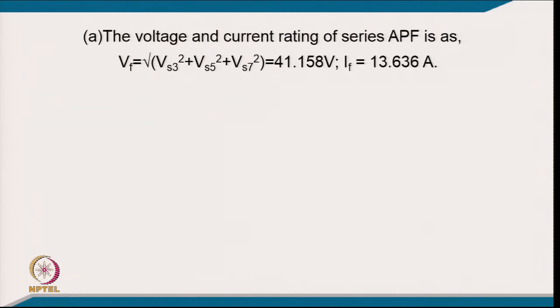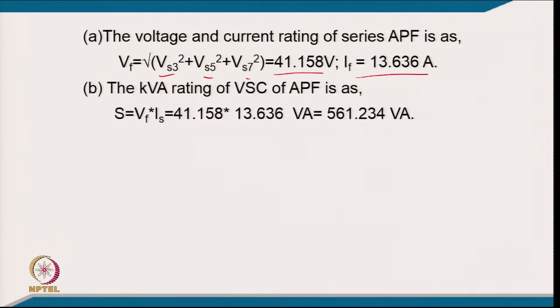So, the voltage rating of the series active filter is the RMS value of the third, fifth and 7th harmonics, and putting in the values, it comes to 41.158 volt. The series active filter current is the same as the load current, that we already calculated as 13.636 ampere.